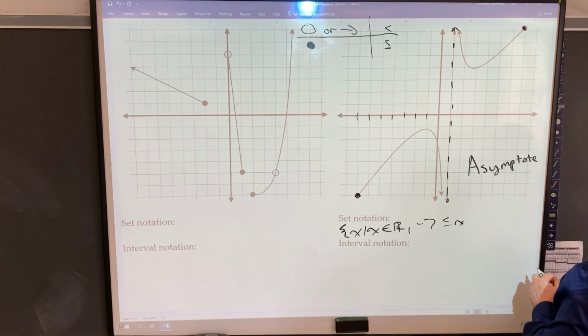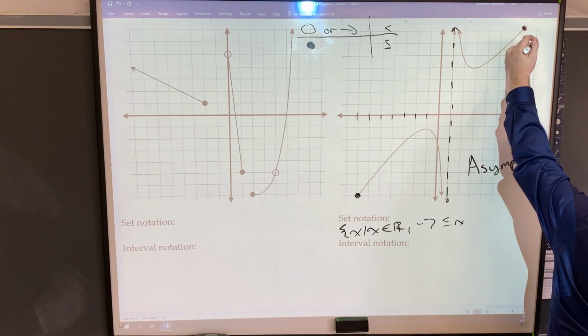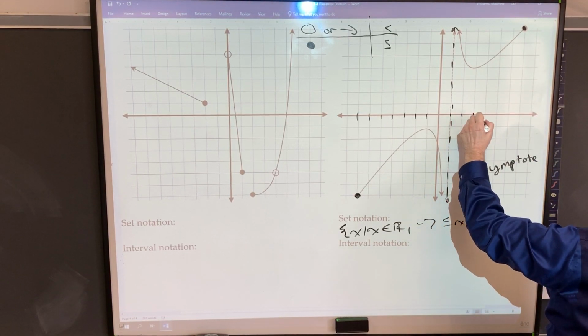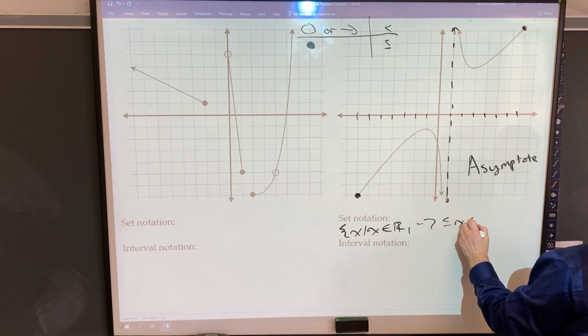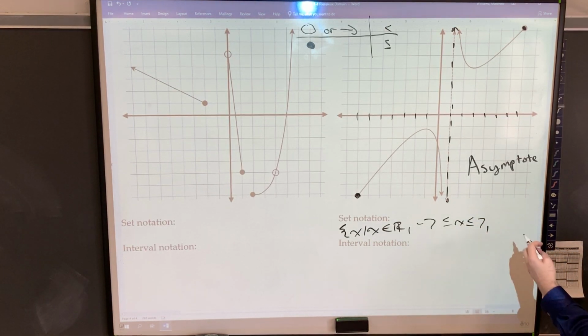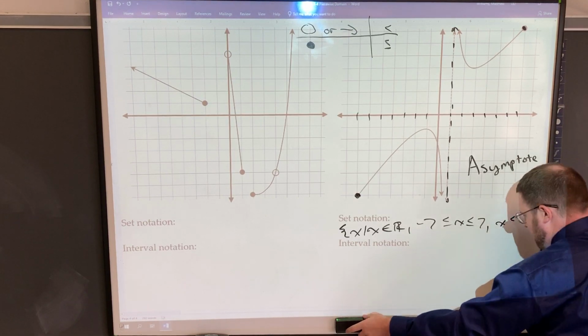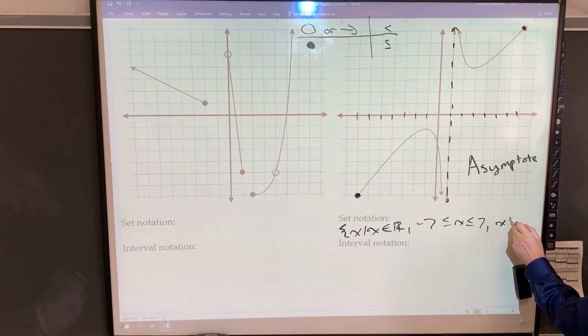And when we need to exclude a single value in set notation, we are going to go all the way to the right and do this one, 1, 2, 3, 4, 5, 6, 7, less than or equal to 7. We're going to exclude that single x value by saying x is not equal to 1.